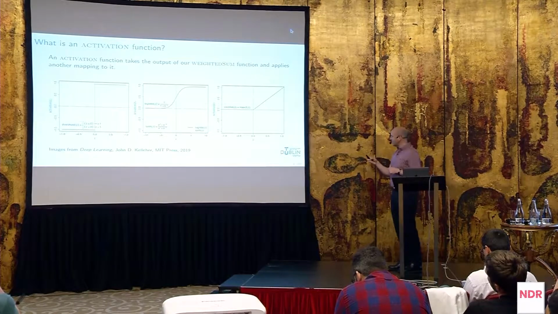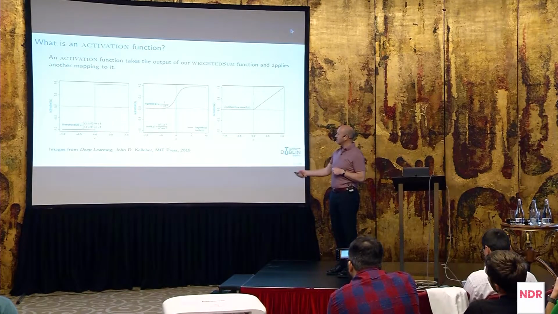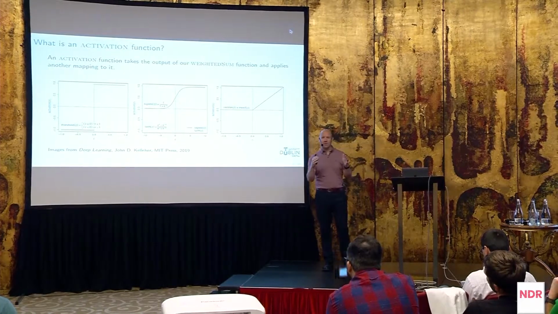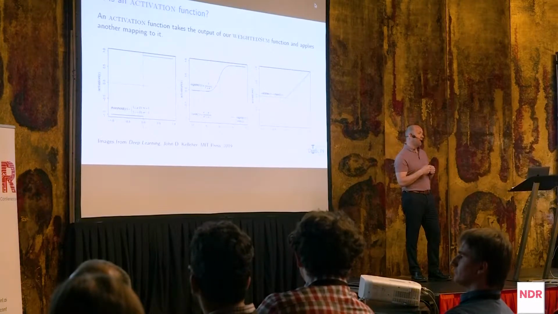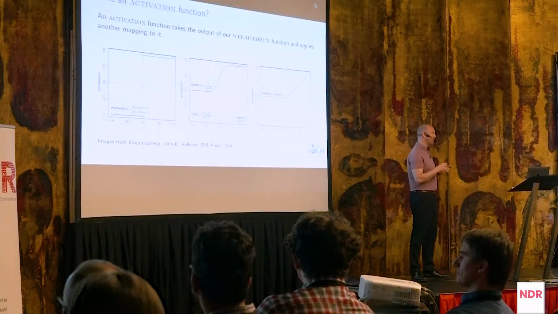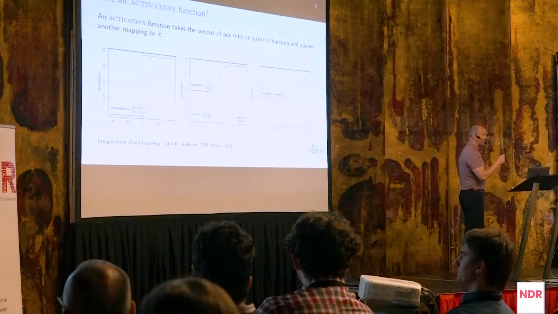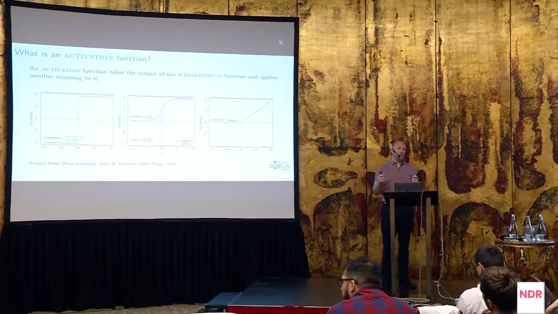The early types of neural networks used this transfer function here. It's a threshold function. All the activation function does is take the output of our weighted sum function and apply a nonlinear mapping to it. It's important that it's nonlinear because by introducing a nonlinearity into our calculations, we allow the network to learn a nonlinear function.